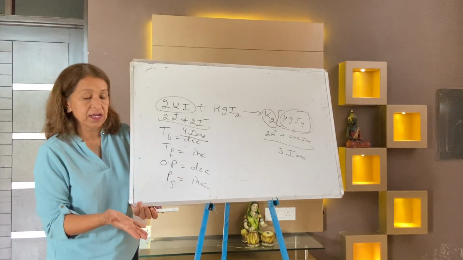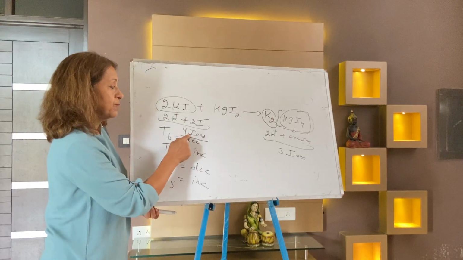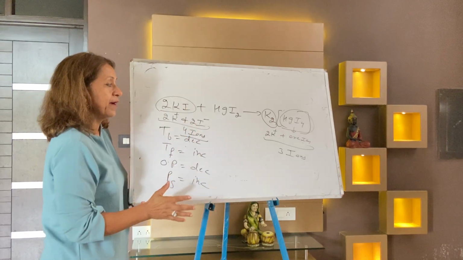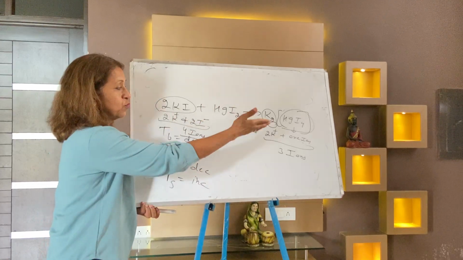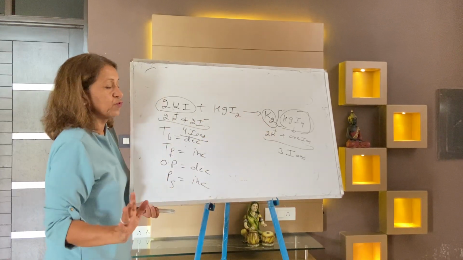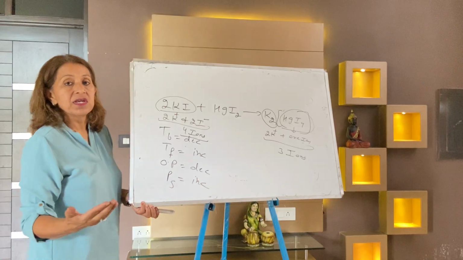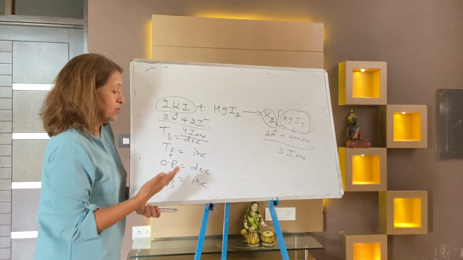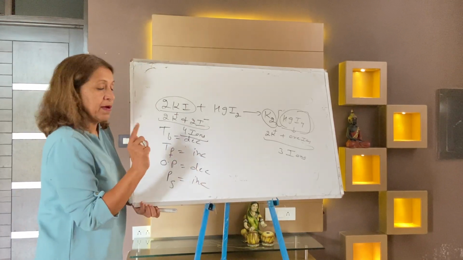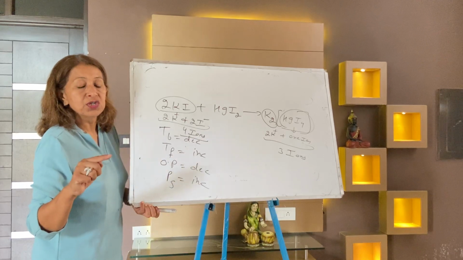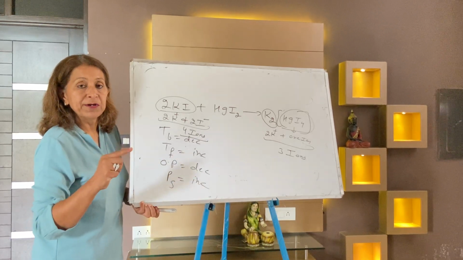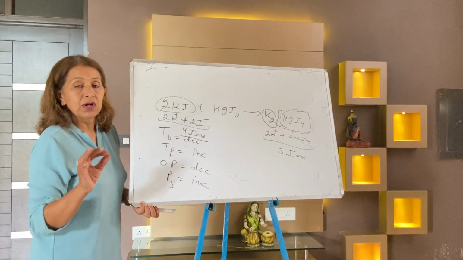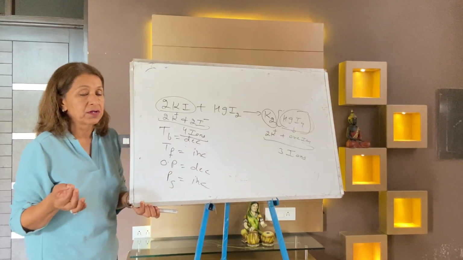So it was 4 ions, 2 potassium and 2 iodide ions, because it is an electrolyte. When it moved to this side, just 3 ions are left. So the number of ions decreases. When the number of ions decreases, always remember the boiling point of the solution decreases, osmotic pressure decreases, but the freezing point of the solution increases, and the vapor pressure of the solution increases.